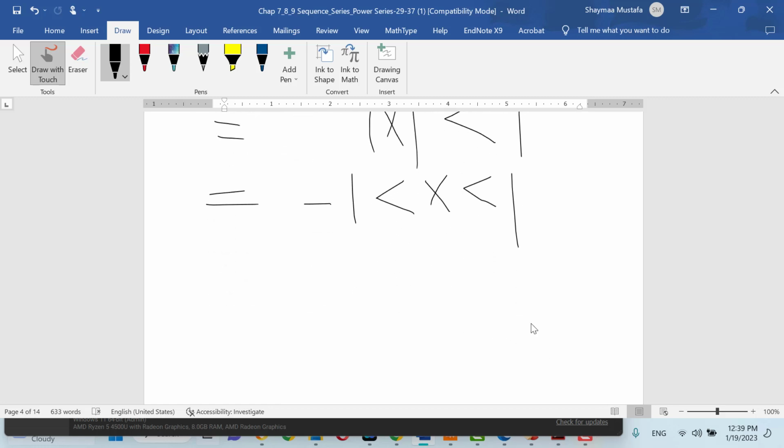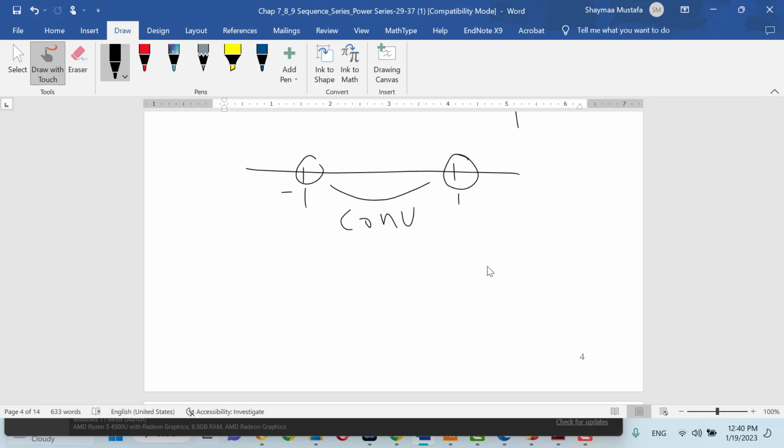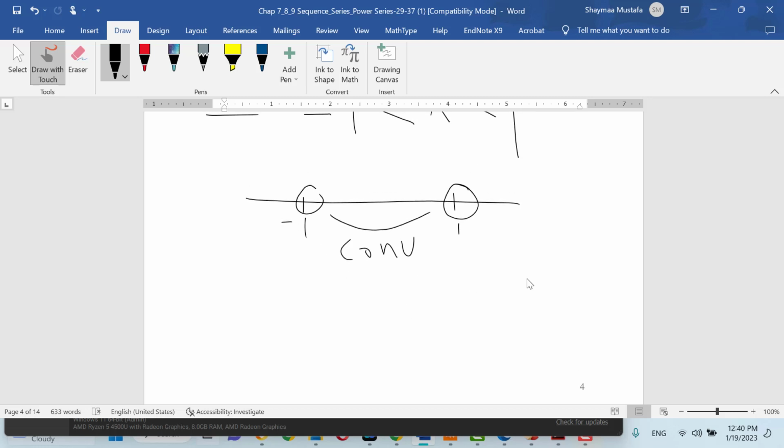From -1 to 1, the series converges. But we need to check the boundary. We need to check 1 and -1. So I will check x equal to -1 first, and then x equal to 1.